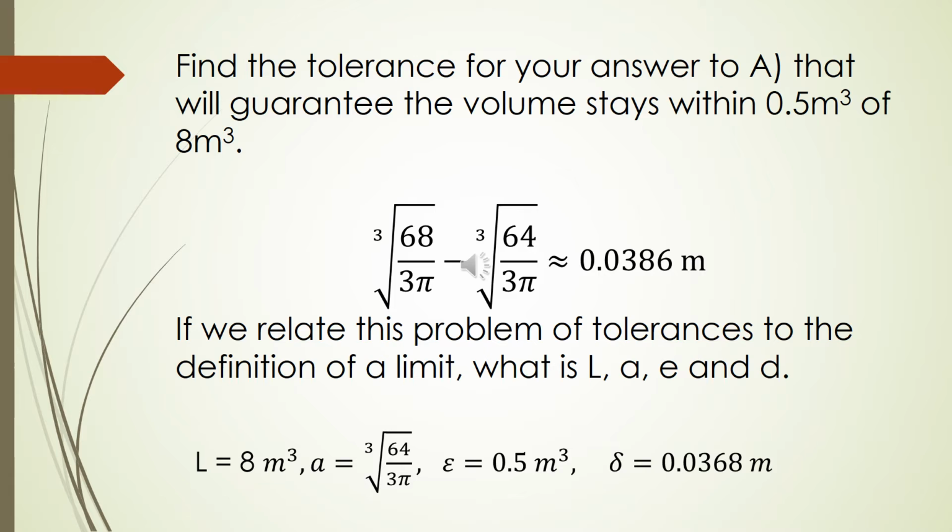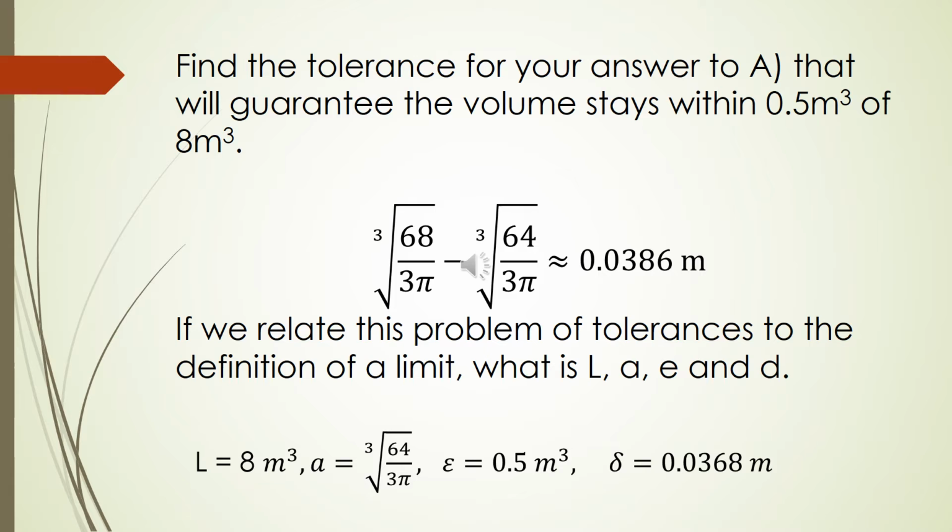So the upper bound is going to be closer to our ideal than the lower bound. The difference between the upper bound and the ideal is approximately 0.0386 meters. So we can be off by almost 4/100ths of a meter or 4 centimeters in terms of the diameter.